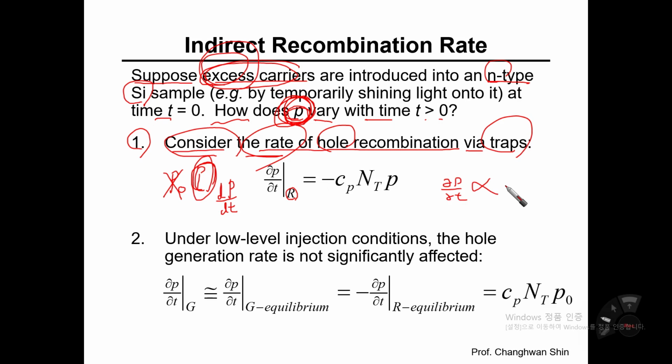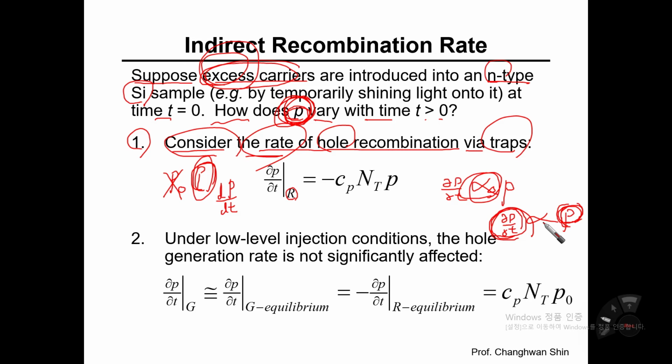Proportional to how many holes are available there. Depending on how many holes are available, the decaying rate would be determined. So it is proportional to how many holes are still left behind.